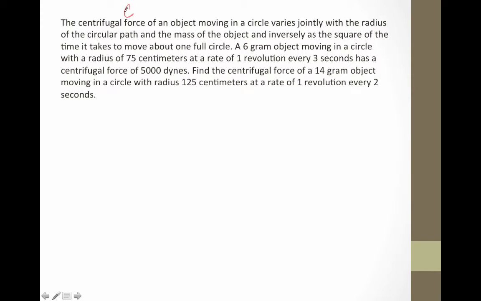So centrifugal force we can label C, radius R, mass M, and time T. Those are sort of standard. So the centrifugal force varies jointly with, so equals K times the radius and the mass, and inversely as the square of the time, so T squared.